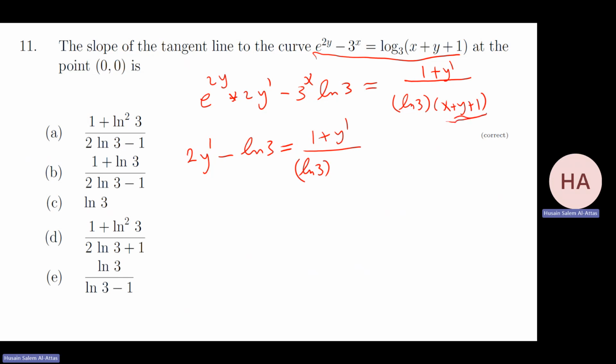0 plus 0 plus 1. That is 1. So what I have is 2 ln 3 times y prime minus ln 3 equals 1 plus y prime.